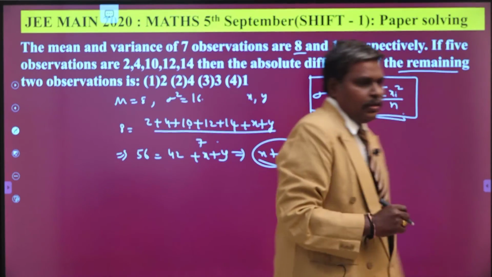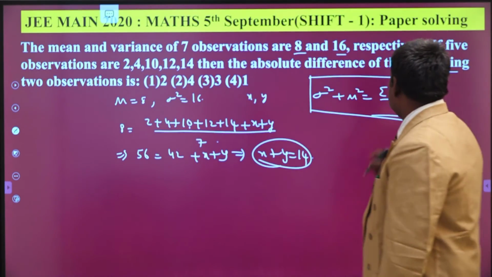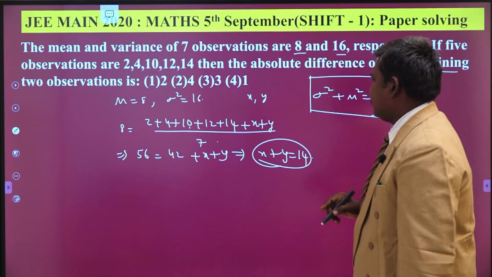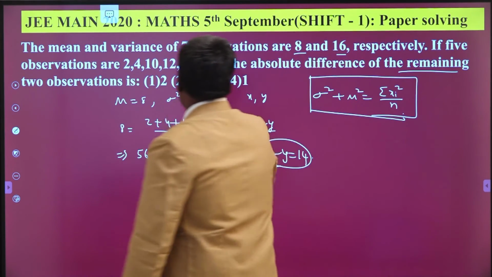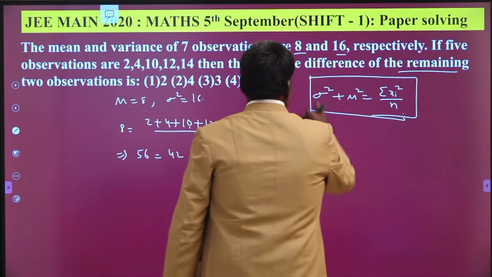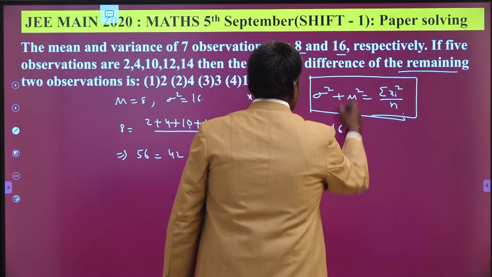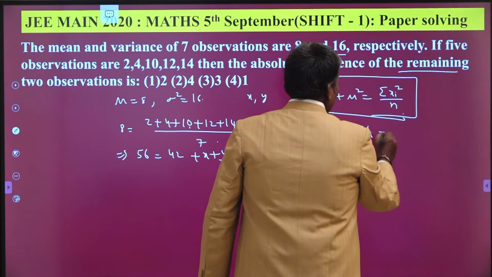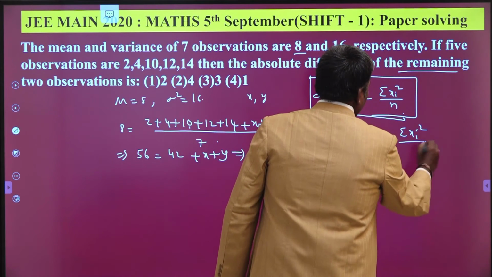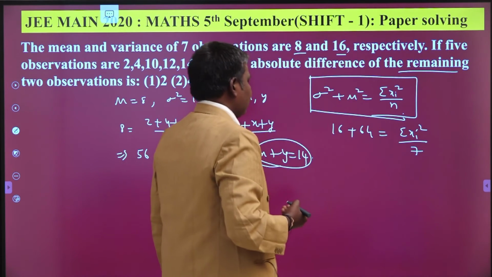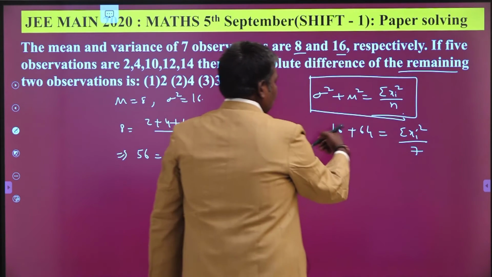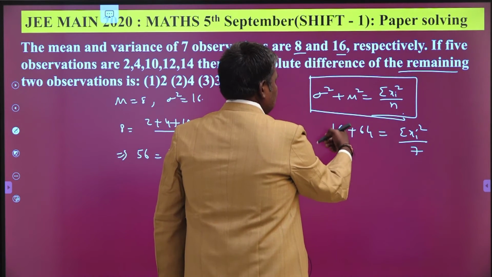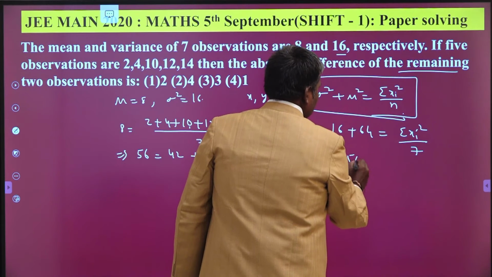Keep this one side here. Again we have to consider sigma xi square by n. What is the value of sigma square? 16. So this is 16 plus, what is your mu square? 8 square, 8 8s are 64, is equal to sigma xi square by n, meaning 7 observations. Now what is this value? 60, 70, 76, 80, 560.